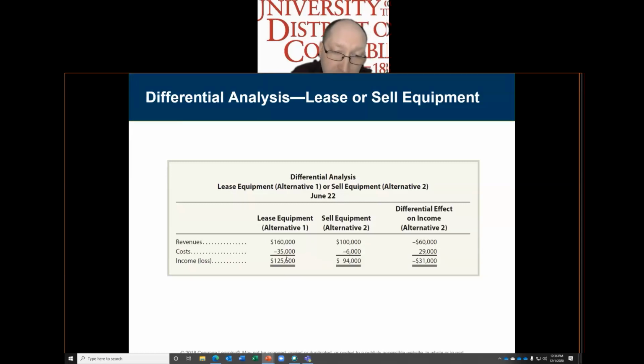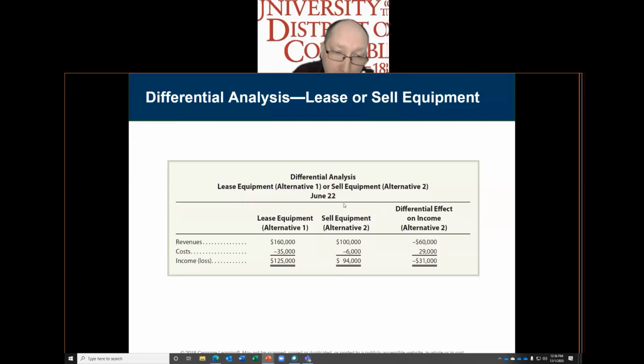So let's look at the two alternatives through differential analysis. Revenue from the lease, $160,000, minus cost of the lease, $35,000, gives $125,000 potential income. If I sell it, I can sell it for $100,000, but I have a commission to pay of $6,000, 6%, right? That gives me a total income of $94,000. I do a differential. The difference in revenue here is $60,000.